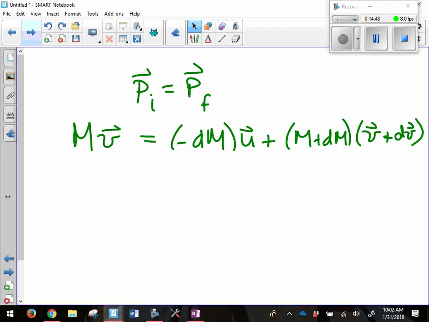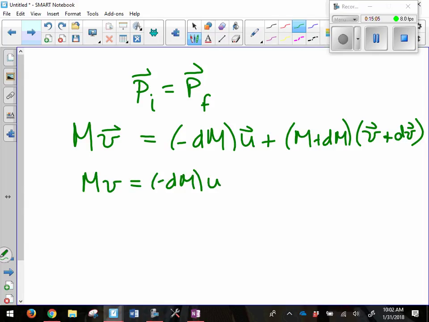Now, everything's moving along the same direction, and I can just set an axis in that direction. So I'm going to drop my arrows. So it's going to be mv is going to be negative dm times u plus m plus dm times v plus dv.